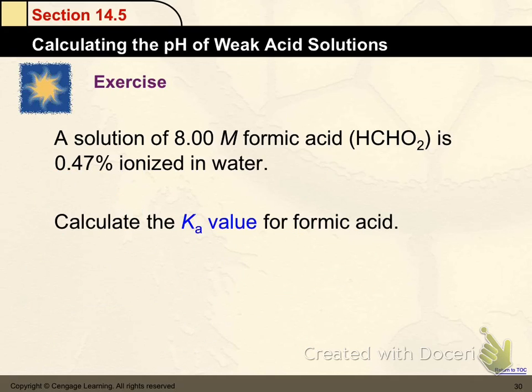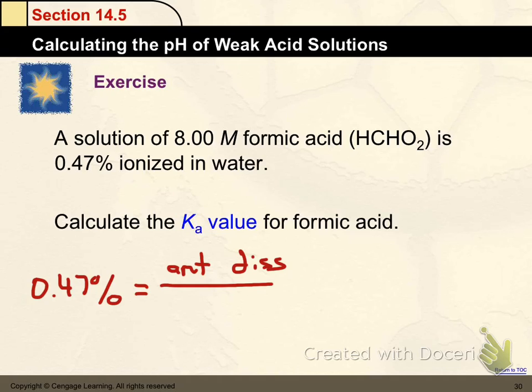So here's what we do. Your percent dissociation, in this case 0.47%, equals the amount dissociated over the initial concentration. In this case, the numerator is the unknown.